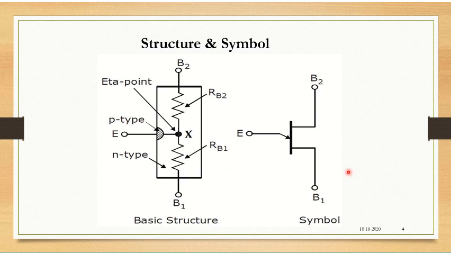This is the symbol of the UJT, with two base terminals B1 and B2 and one more terminal called the emitter. Because it has two base terminals, the device is also called a double base diode.